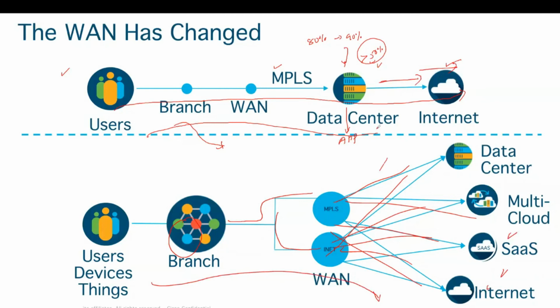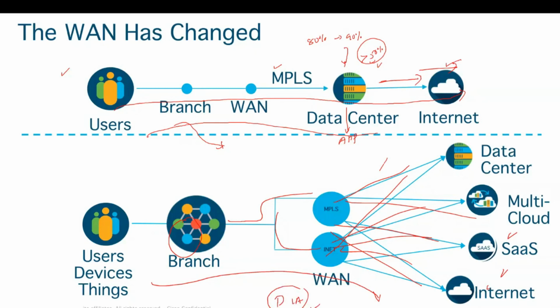The end users should be able to break out at the local branch itself. They should be able to reach the internet. Traffic should not come to the data center. That means we are looking at a feature such as direct internet access, DIA. Direct internet access for the users sitting in the branch.